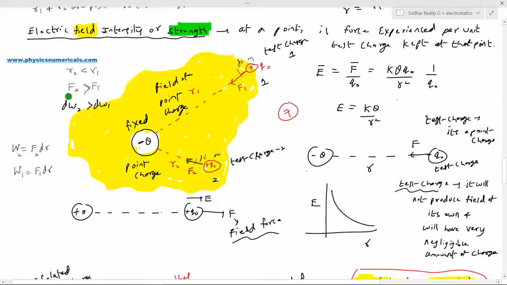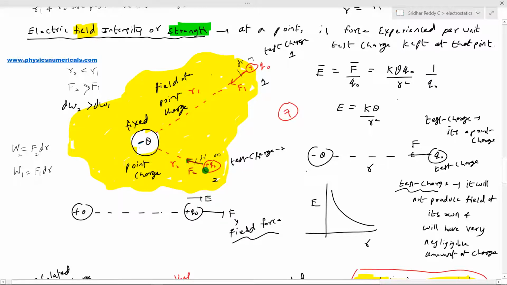F2 will be greater than F1. Then definitely W2 will be greater than W1. Means who is doing work? Now I'm bringing in the idea of work done.